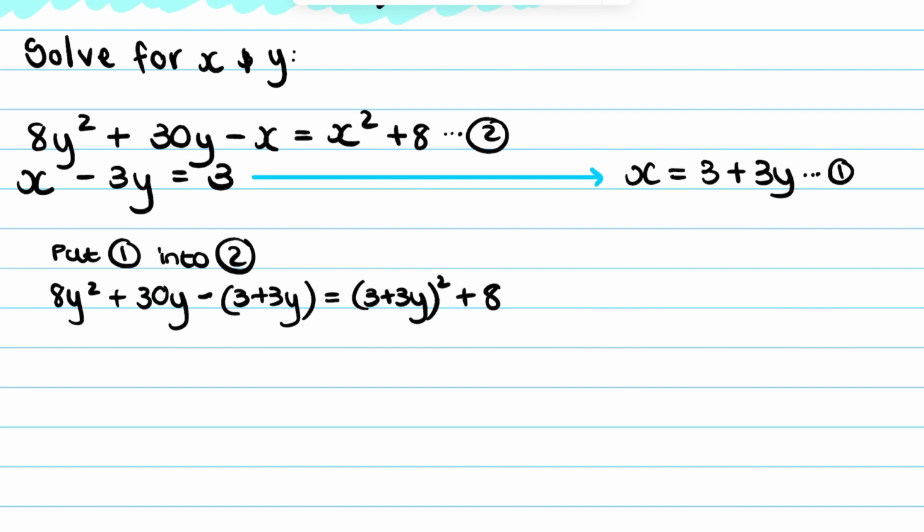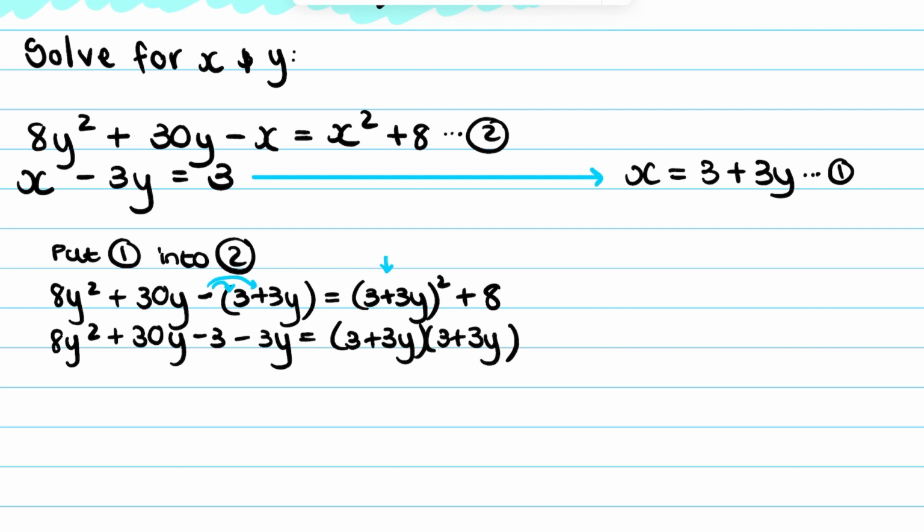All right, so what I'm going to do in the next step is multiply this negative into the bracket, and expand this bracket over here. Plus 30y minus 3 minus 3y is equal to, let's expand this out, so (3 plus 3y)(3 plus 3y) plus 8.